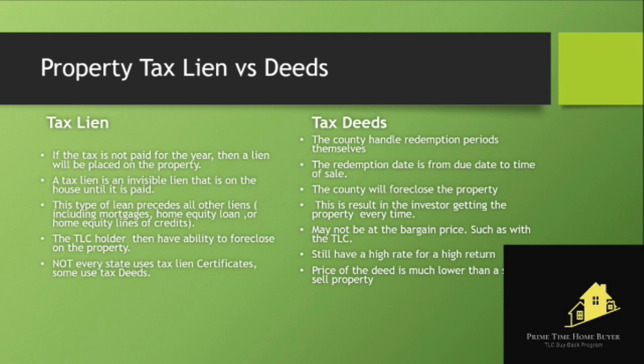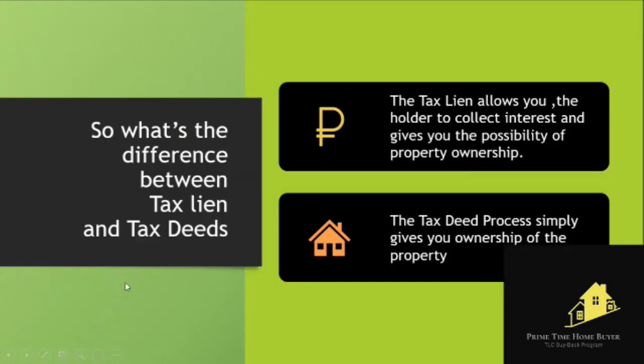With the tax deed process, you obtain the property every single time, just for a higher rate versus the tax lien. So what's the difference between a tax lien and a tax deed? The tax lien allows you, the holder, to collect interest and gives you the possibility of property ownership, versus the tax deed process simply gives you ownership of the property.